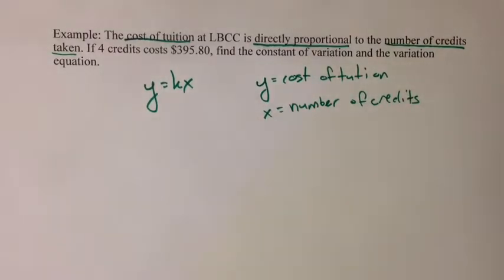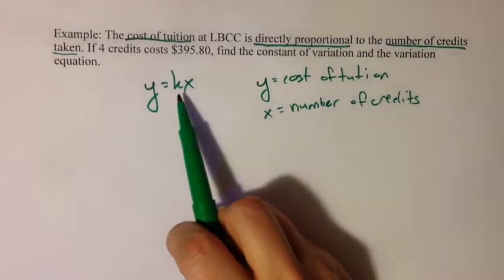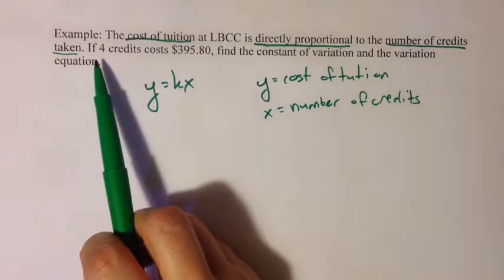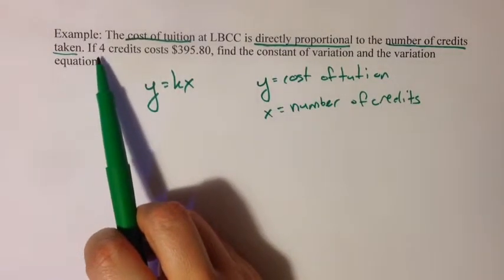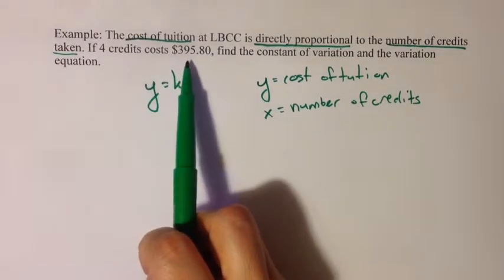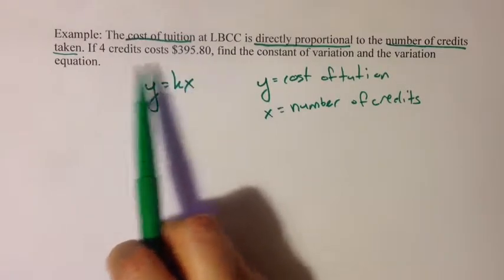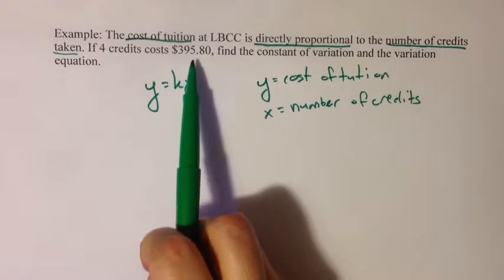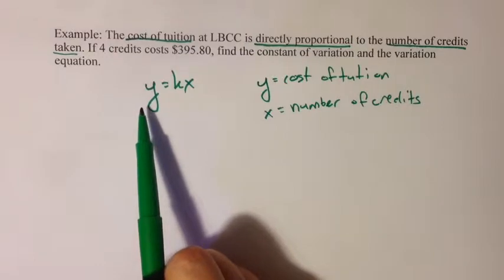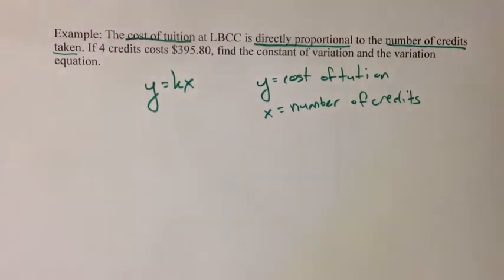Now the problem is asking me to find the constant of variation and the variation equation. Finding the constant of variation means figuring out what that k is. Now they've given me a little bit of information. They've told me that if I take 4 credits, it costs $395.80. So I can plug that 4 credits in for x and the $395.80 in for y, and then solve for k.